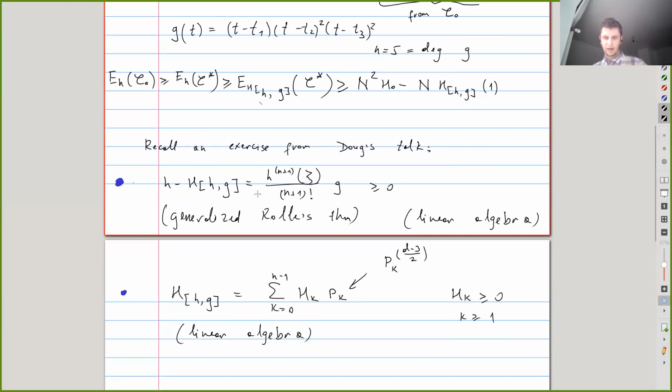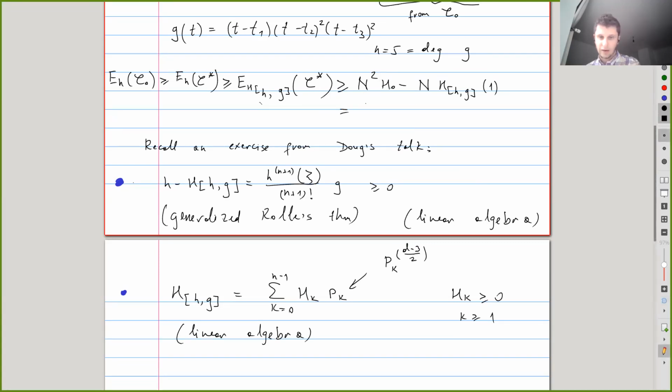Yeah, so finding the H is also linear algebra. Okay, so you reach this point, and then you just need to verify the following. You just need to see if this is equal to E sub H of C0. I guess I could write it on the previous line. No, it's fine.